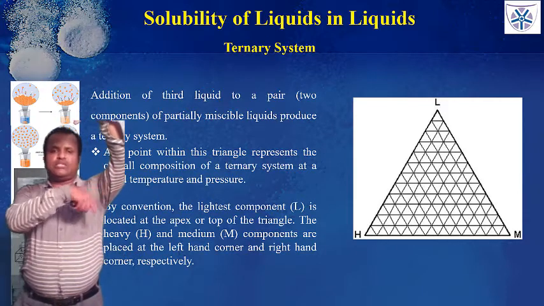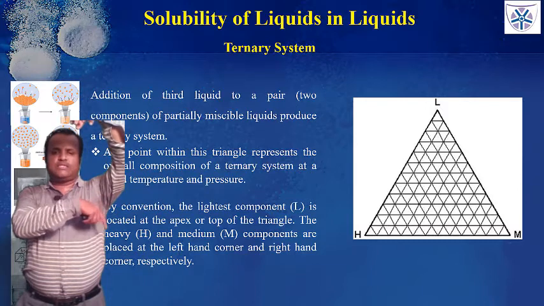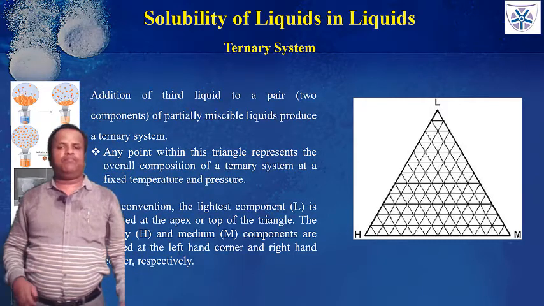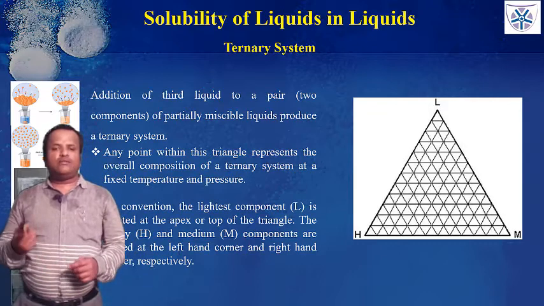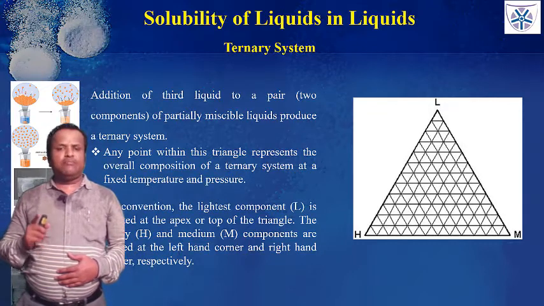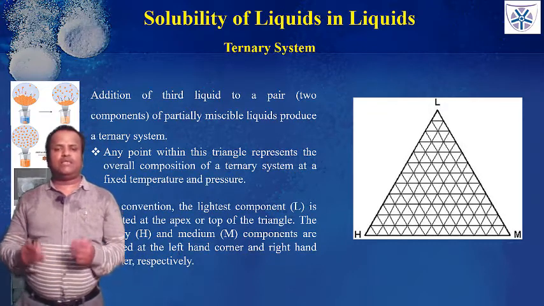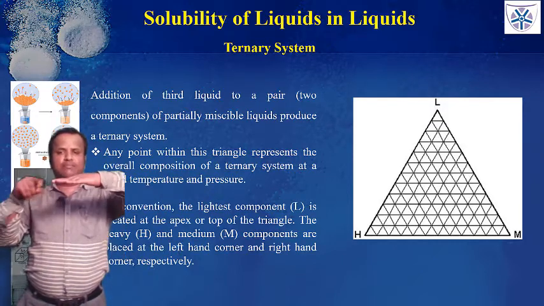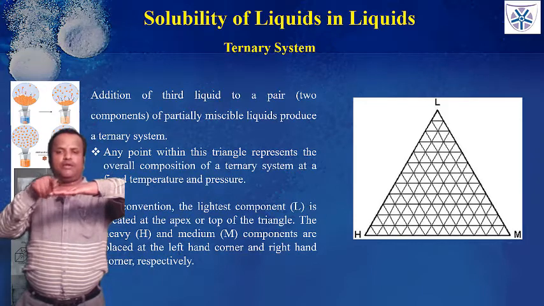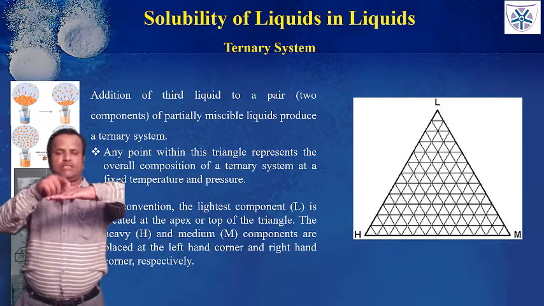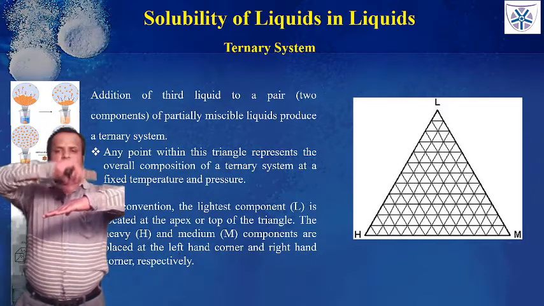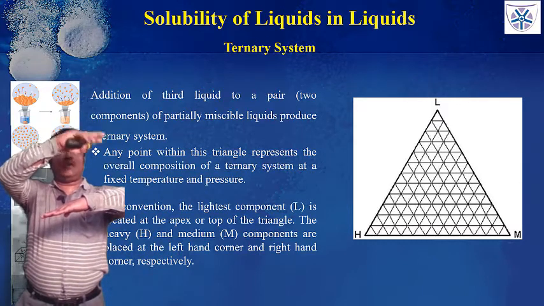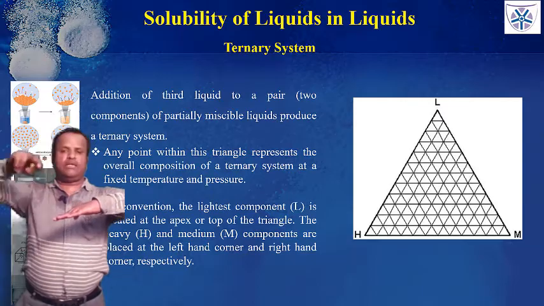The highest concentration of H is located on the left-hand side, and the highest concentration of M is located on the right-hand side. So the heavy and medium components are placed at the left-hand corner and right corner. In the middle of the x-axis there is a mixture of H and M. On the y-axis, the H and L components are mixed with each other. Almost at the center part, the H and L components are there, but there is no M component.